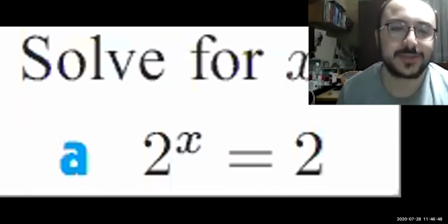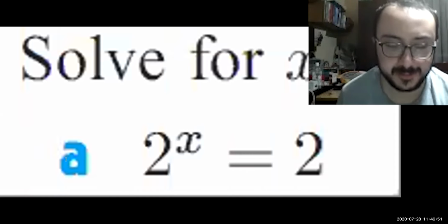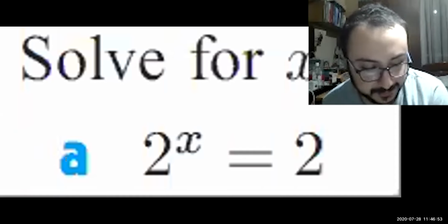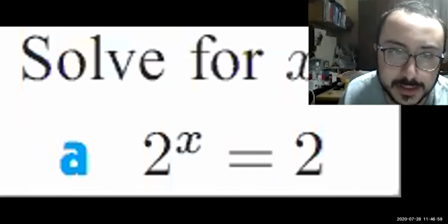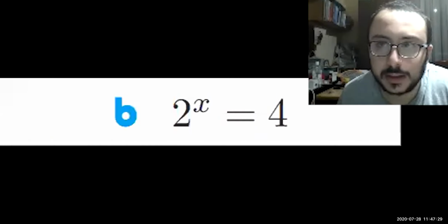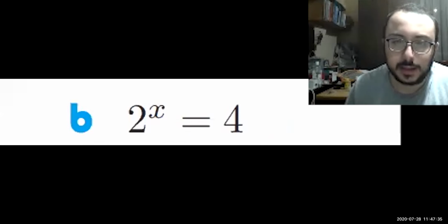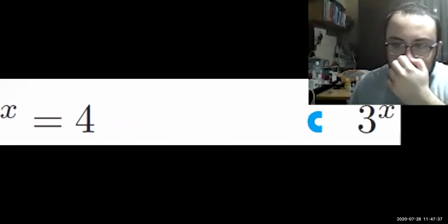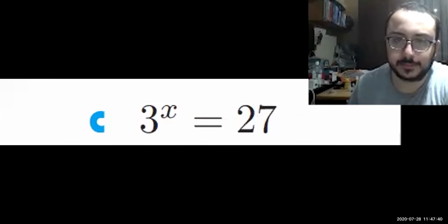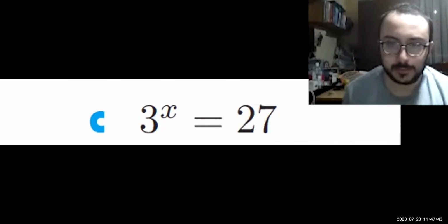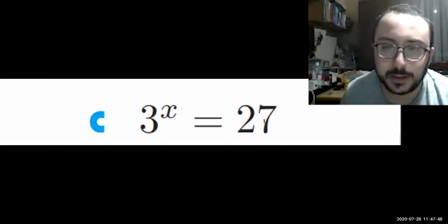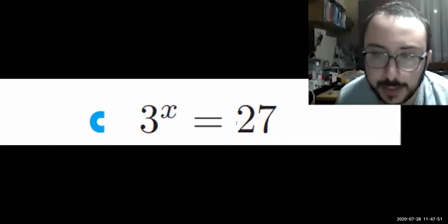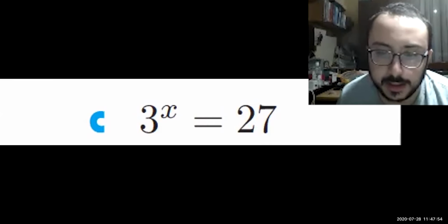2 power x equals 2. It means x is 1. Yes, because 2 is 2 power 1, so the powers are equal. x equals 1. And this way we do examples. This one, it's 3. 27 is 3 power 3, so 3 power x is equal to 3 power 3. x equals 3.